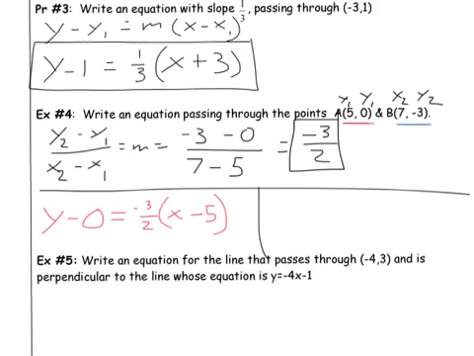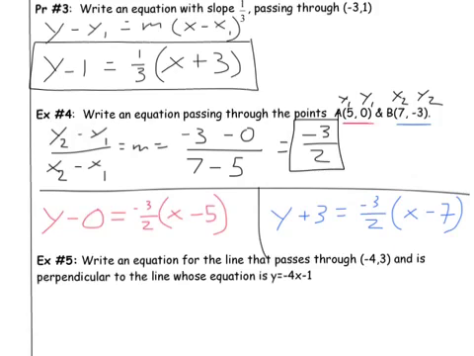But let's say I didn't want to use that point. Let's say I wanted to use x2, y2. That's fine. I can go y minus, it'd be a negative 3, so I'm going to change it to plus 3, equals negative 3/2 times x minus 7. And believe it or not, these two equations are kind of the same.